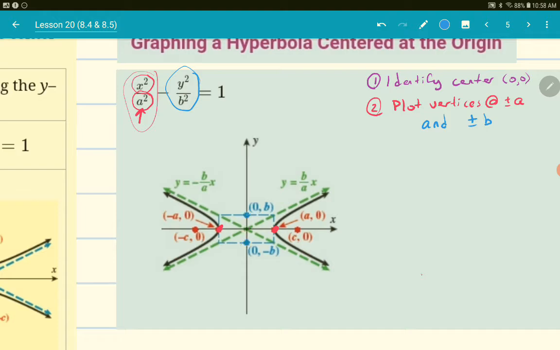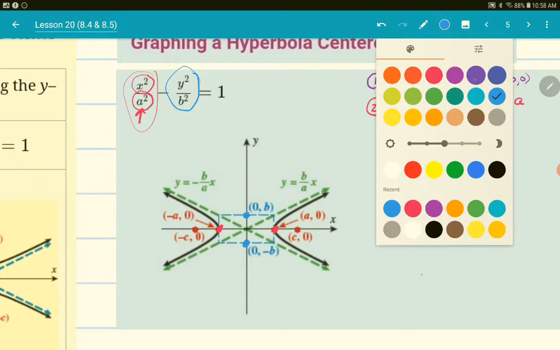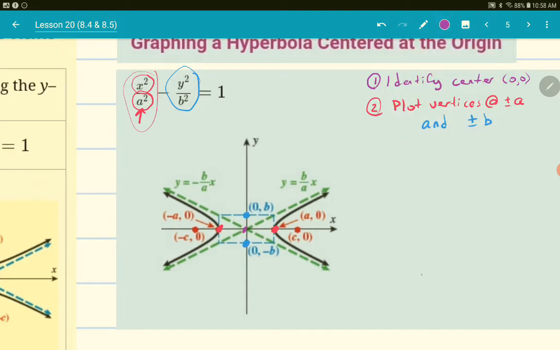So I go plus b here and minus b here. So now I have 4 vertices. And those vertices define the width and the height of this box. So I know the height of the box is 2b high and 2a wide.